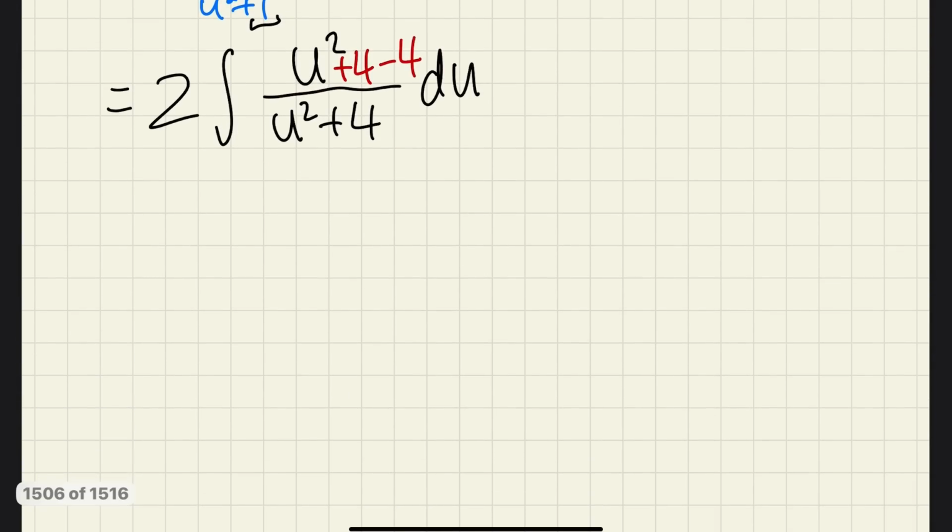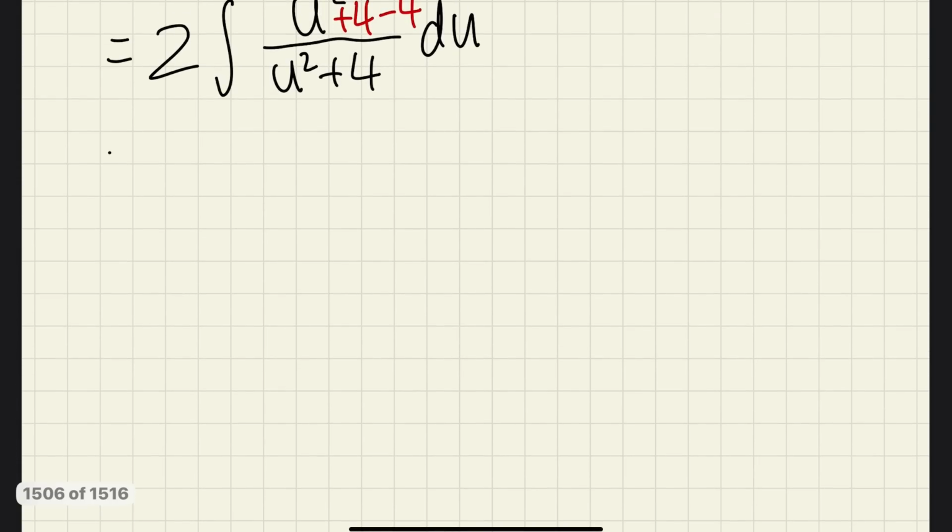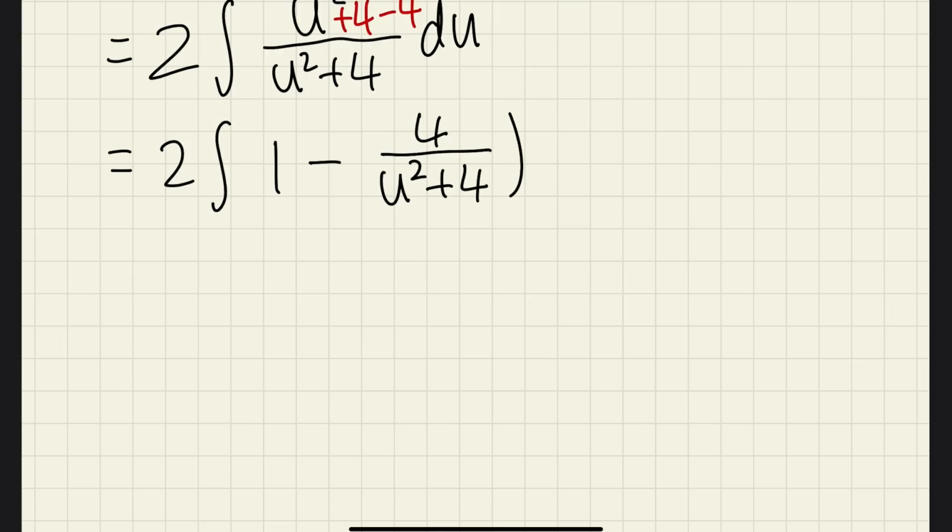So we still have the 2 all the way in the front. And then we will have 1 minus 4 over u squared plus 4.